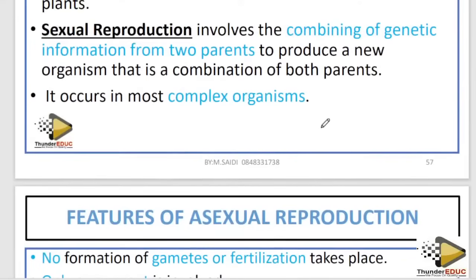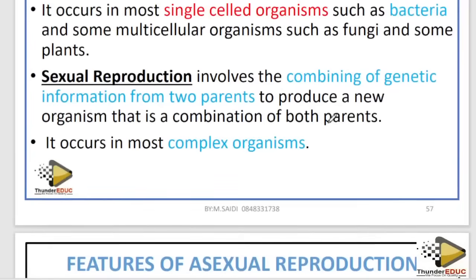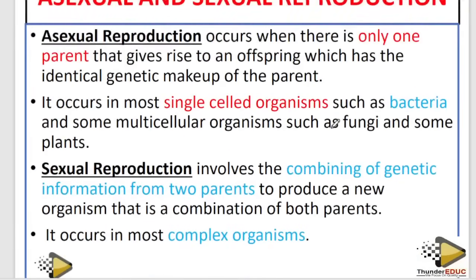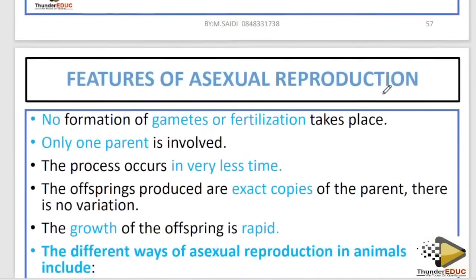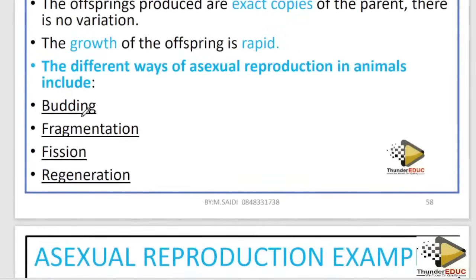Sexual reproduction requires gametes and two parents. Asexual reproduction requires only one parent. Examples are budding, fragmentation, fission.